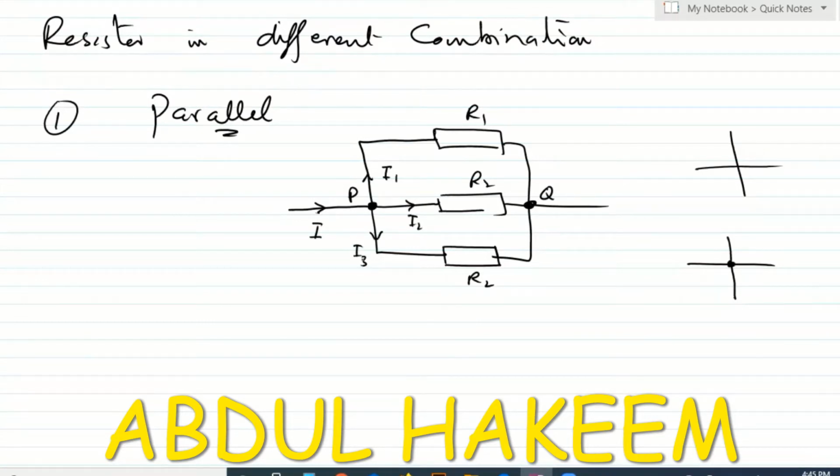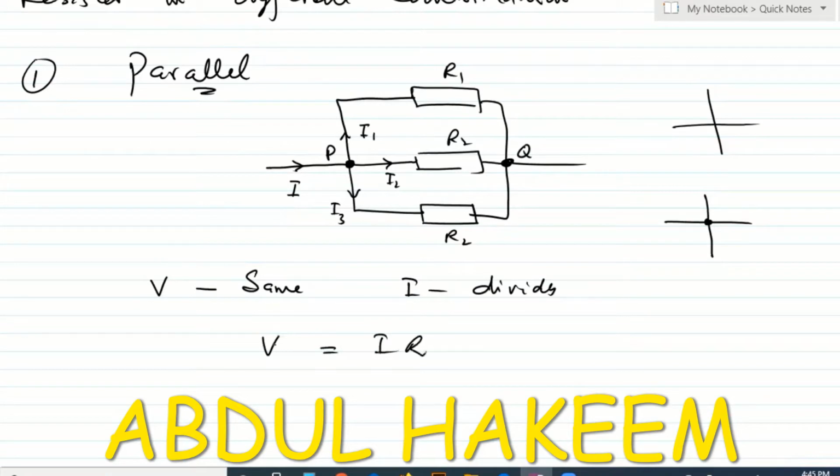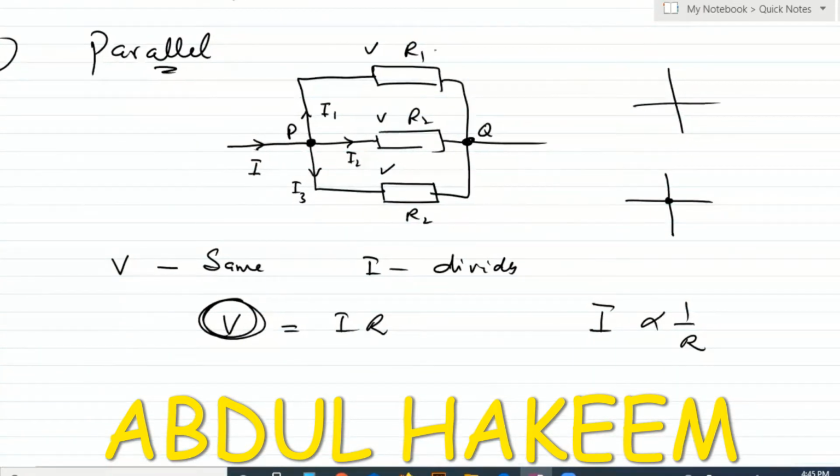And in previous lectures, we have done that in parallel, voltage remains same and the current divides according to Ohm's law. V is equal to IR. When voltage is constant in parallel, then the current is inversely proportional to resistance. Mean the larger resistance, suppose R1 is the largest one resistance, then the current I1 will be the smallest.